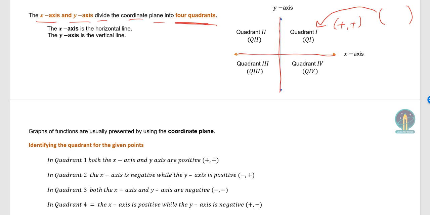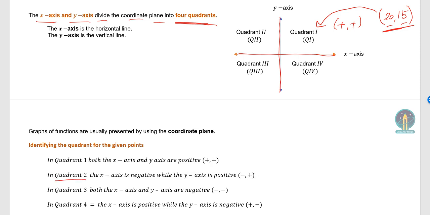Let's say I gave you (2, 5). You know this is going to be located in quadrant 1 because both of them are positive. And this can only happen if this point is located in quadrant 1. Let's say I gave you (20, 15). Same thing. You know this is going to be located in quadrant 1.